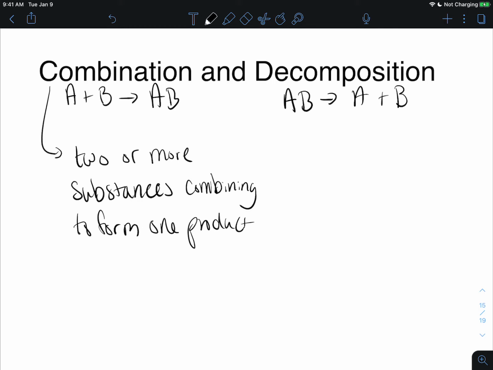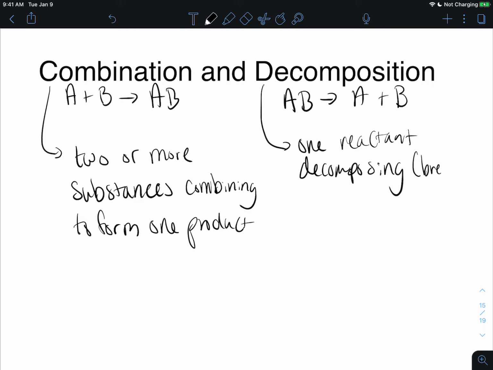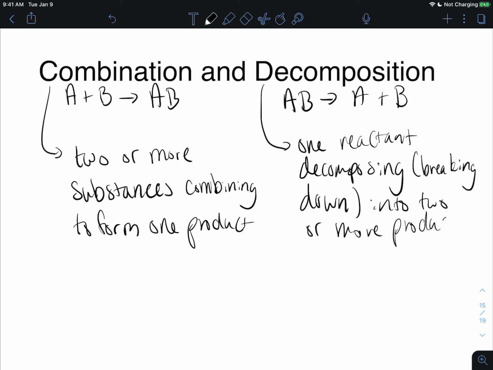And then our decomposition is going to be the opposite. One reactant decomposing or breaking down into two or more products. These are probably the easiest ones to recognize.